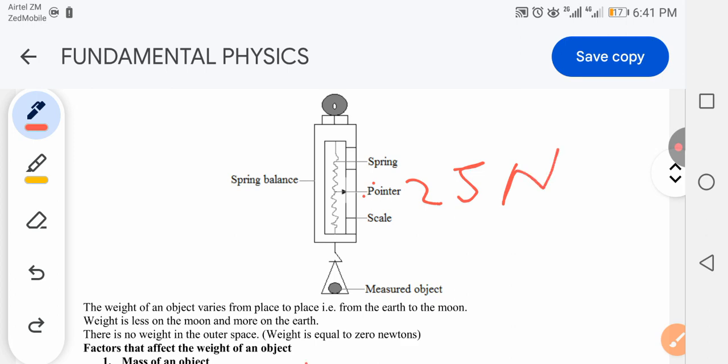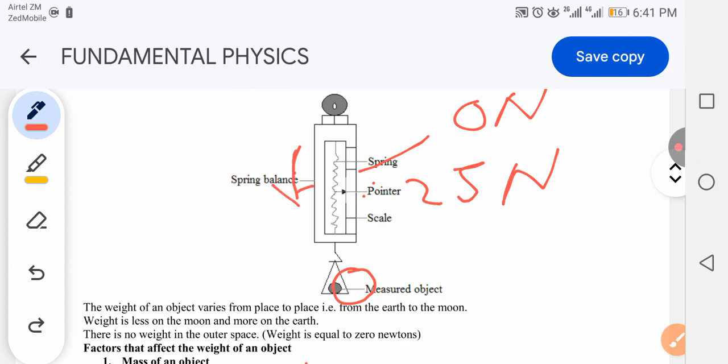In newtons. So after putting the object on the spring, the pointer moves from 0. Let's say here will be our 0 newtons. Then the spring has moved from 0 newtons to 25 newtons.